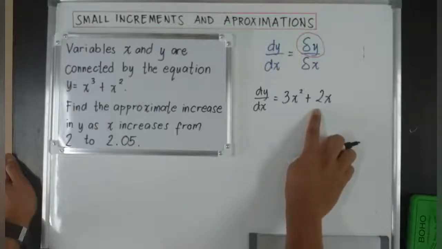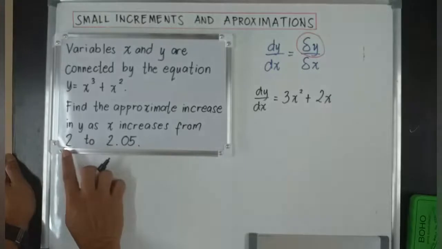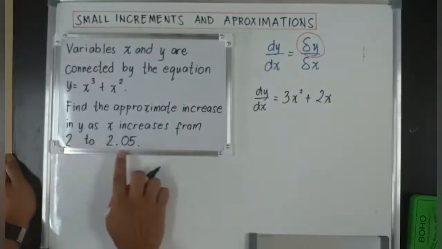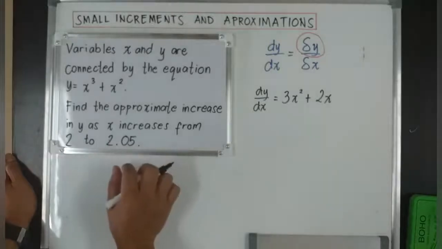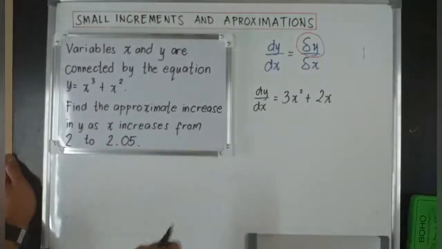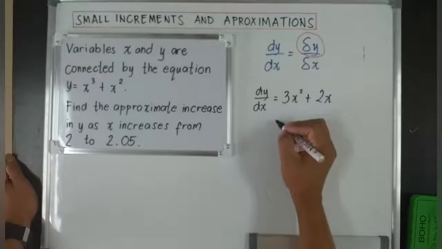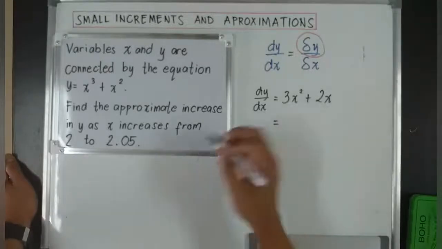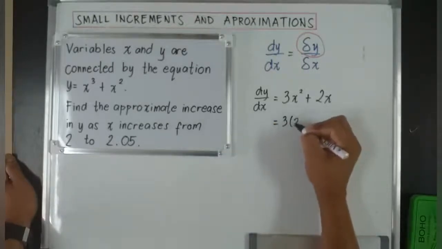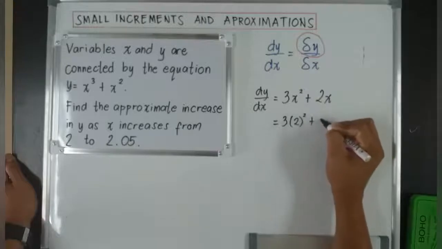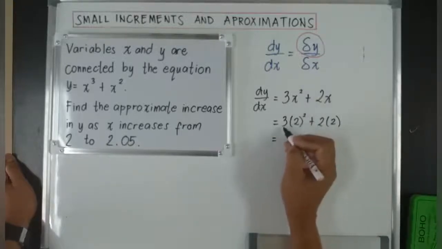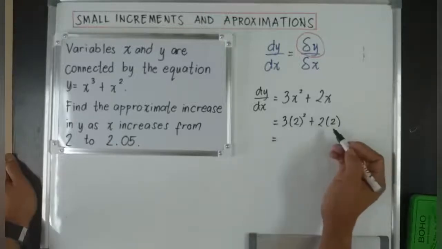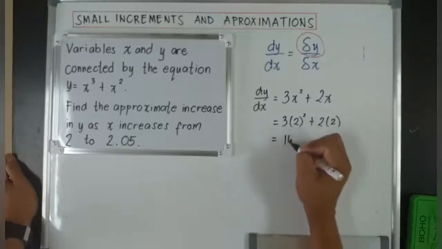So what is the value of the x? It is the first value of the x, which is 2. It just became 2.05 because there is a small increment of x, which is 0.05. So basically, we will change this x with 2. So, 3 times 2 squared plus 2 times 2, which is 4 times 3 is 12, 12 plus 4 is 16.